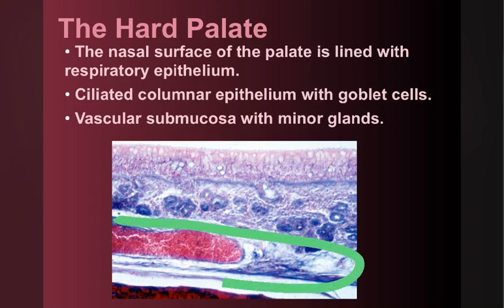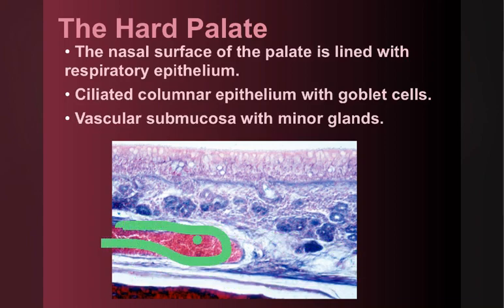And then we have submucosa, and this submucosa is rich in large blood vessels, which are important for making the inhaled air warmer, so that when it goes to the lungs it will be warm instead of being cold.